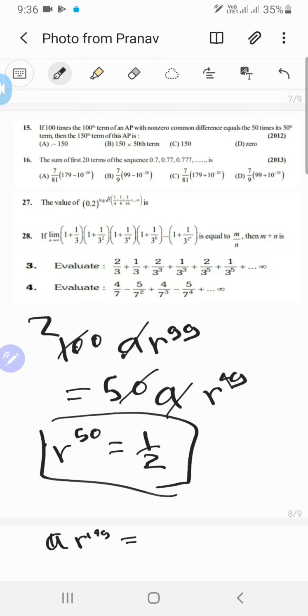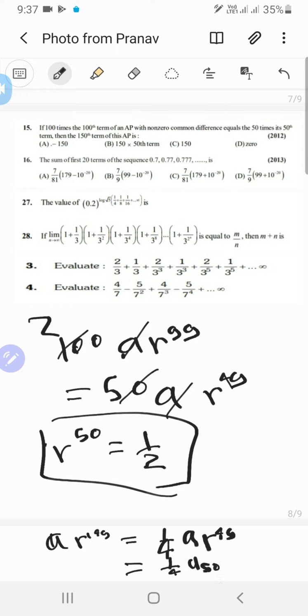Yeah, 149. What can you say about this thing? r raised to 50 is half, right? So this is going to be r to the 100, which is 1 by 4, times a r to the 49, which is 1/4 of the 50th term.